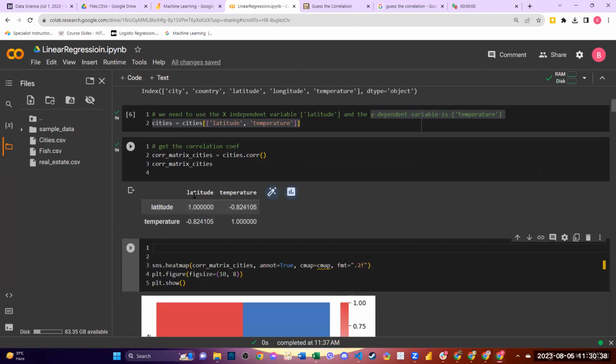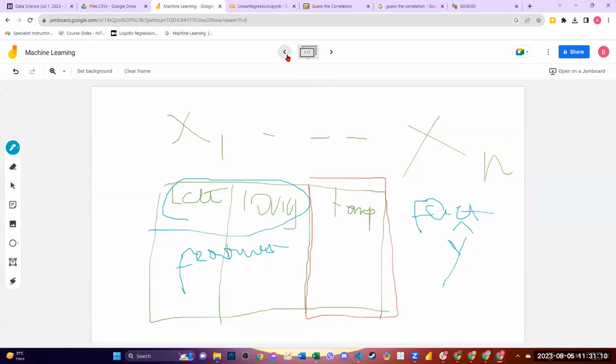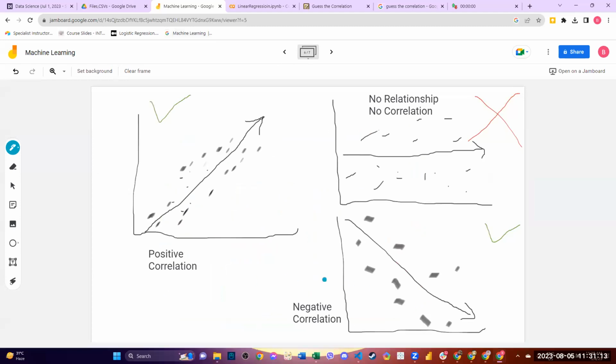So for the latitude, we get negative 82.41. So it's A. What's the relationship? Let me ask you a question. What is the relationship according to our correlation matrix? The relationship is negative.